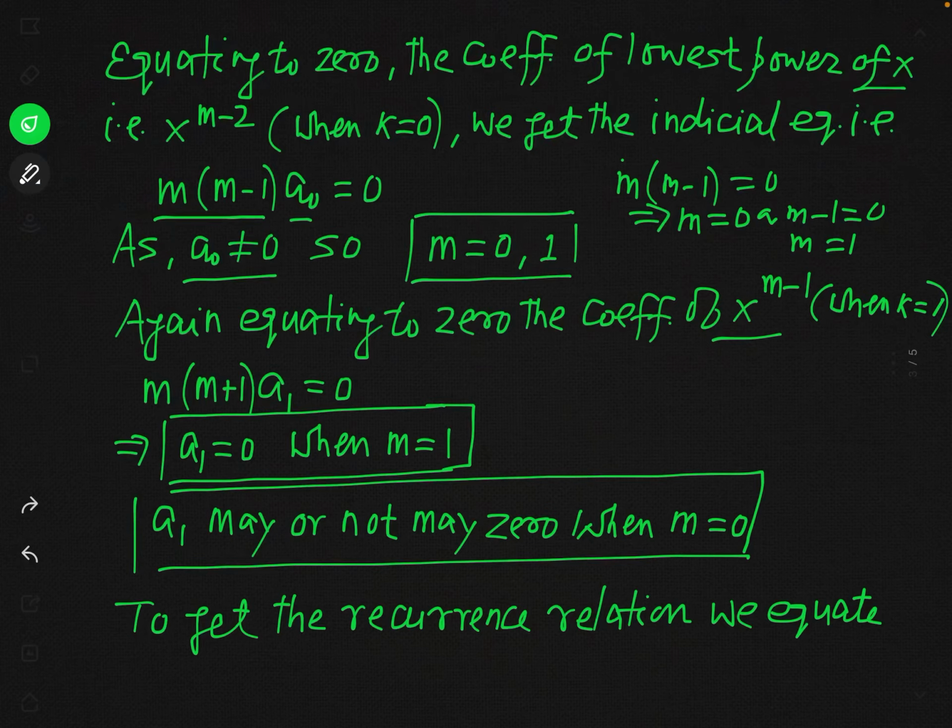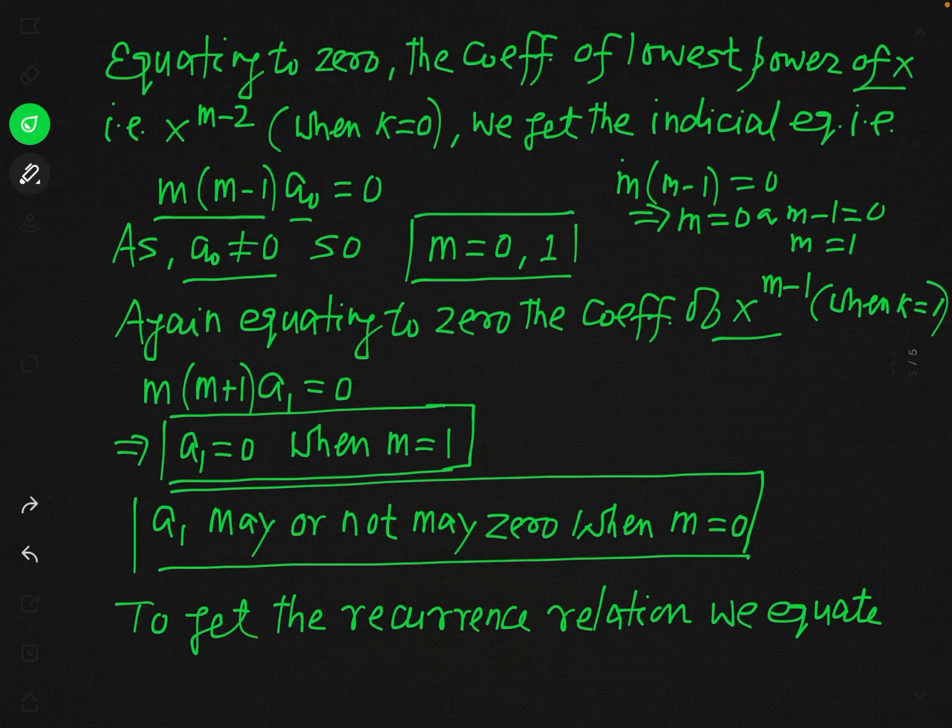So this is m times m plus 1 into a1 equal to 0, and from here you can see if we put m equal to 1, then neither m nor m plus 1 is 0, so definitely a1 will be 0. So you can say that when m is equal to 1, then a1 will be equal to 0.